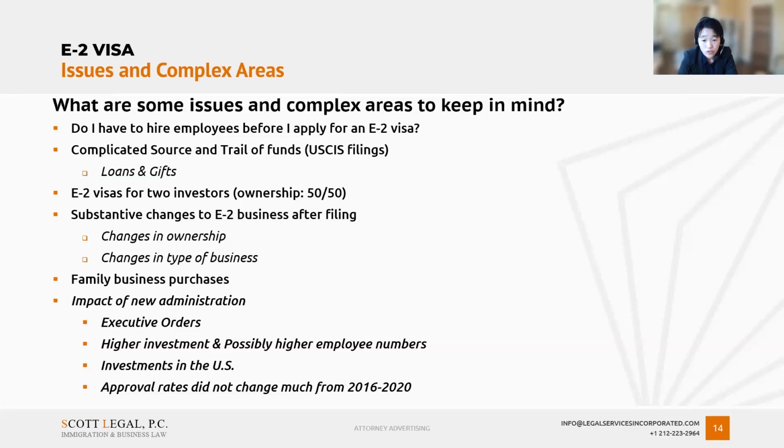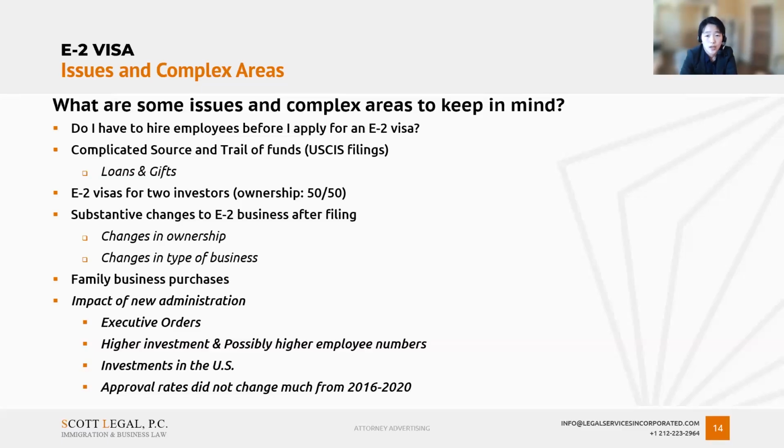Family business purchases are risky because the government may think that it was not a bona fide business transaction. So if you're purchasing a business not from the open market, let's say you know someone who's selling a business, and it was not through an open market transaction, then you need to be very careful in proving to the government that it was actually a bona fide business transaction at the fair market price.